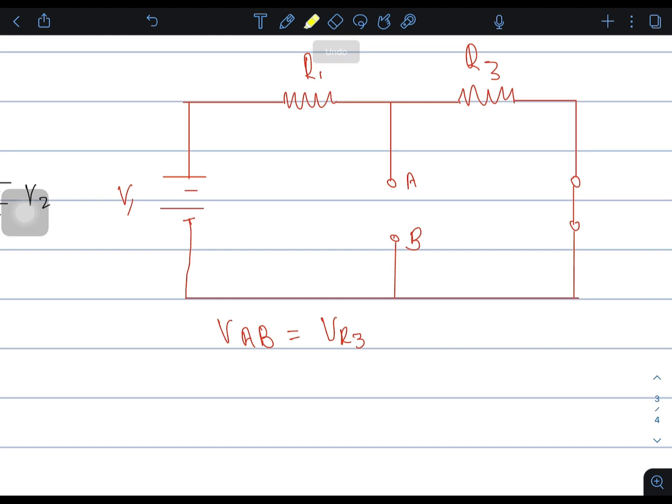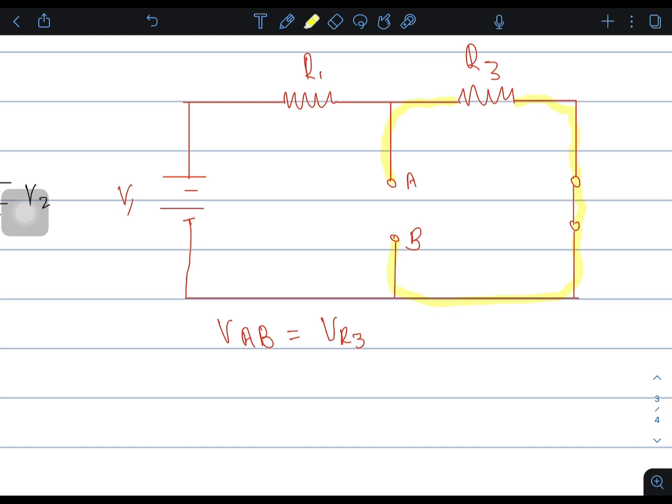One side is connected to one side of the resistor, and the other side is connected to the other side of this resistor. It's basically connected in parallel with that resistor. Hence, if I want to find the voltage between terminal A and B, I have to find the voltage across resistor R3. I hope you guys get me.